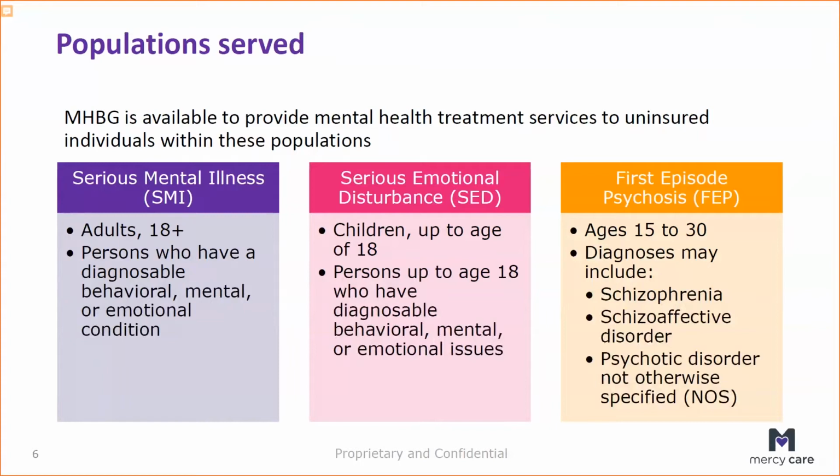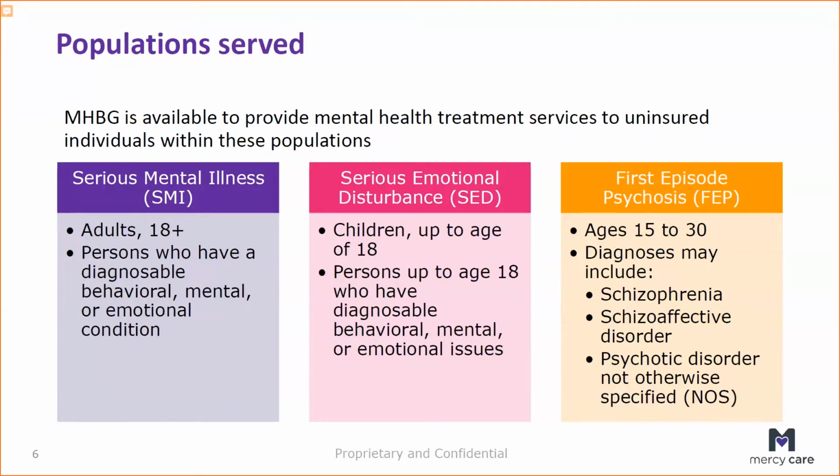The population it serves: MHBG is available to provide mental health treatment services to uninsured individuals within these populations. The first one is serious mental illness, or SMI. It's adults 18 and above, persons who have a diagnosable behavioral, mental, or emotional condition. Next one is the serious emotional disturbance, or SED.